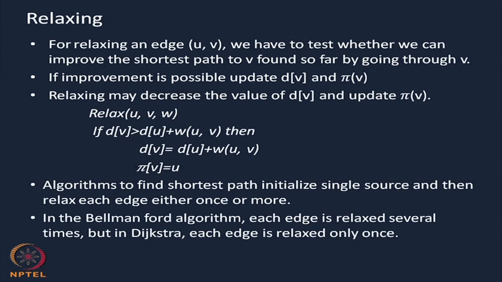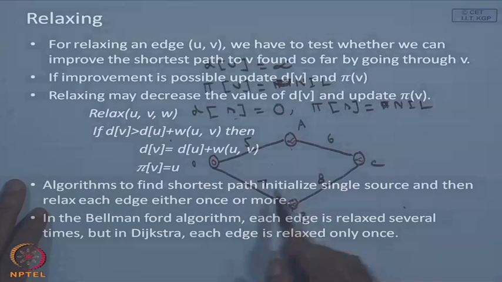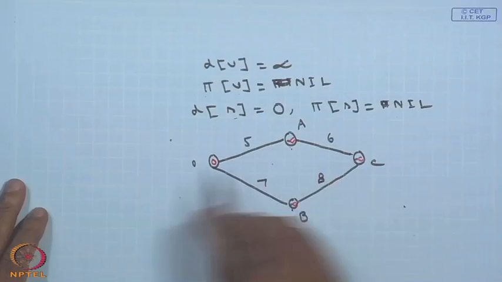The next one is the other procedure, that is the relaxing procedure. For relaxing an edge u to v, we have to test whether we can improve the shortest path we have found or not. Whatever shortest path we have found, is it correct or not? If you have already obtained a path from u to v, in this figure suppose I have derived a path like this.